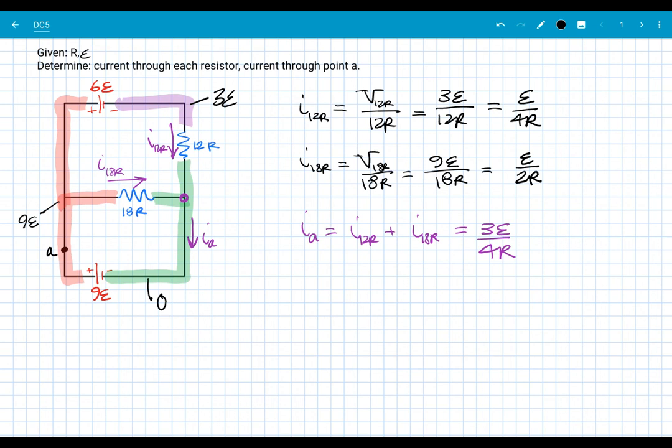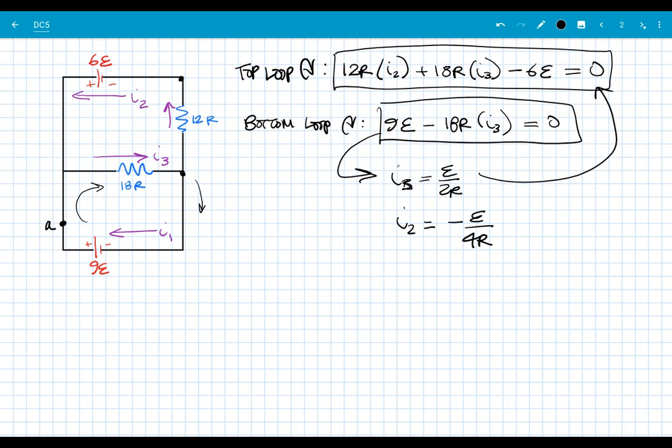In the water analogy, you can think about the 9E battery as being like a stronger water pump than the 6E battery. But the 6E battery is still pumping. It's still doing its thing. It's still on. It's just that the 9E battery is so strong that it's forcing the water the wrong way through the 6E. You might not have guessed that when you first saw this circuit and had to pick directions.